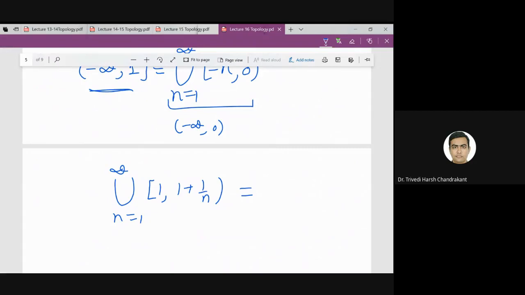So what is this union? What about 1? On the left side we can do something, but on the right side it is not clear.